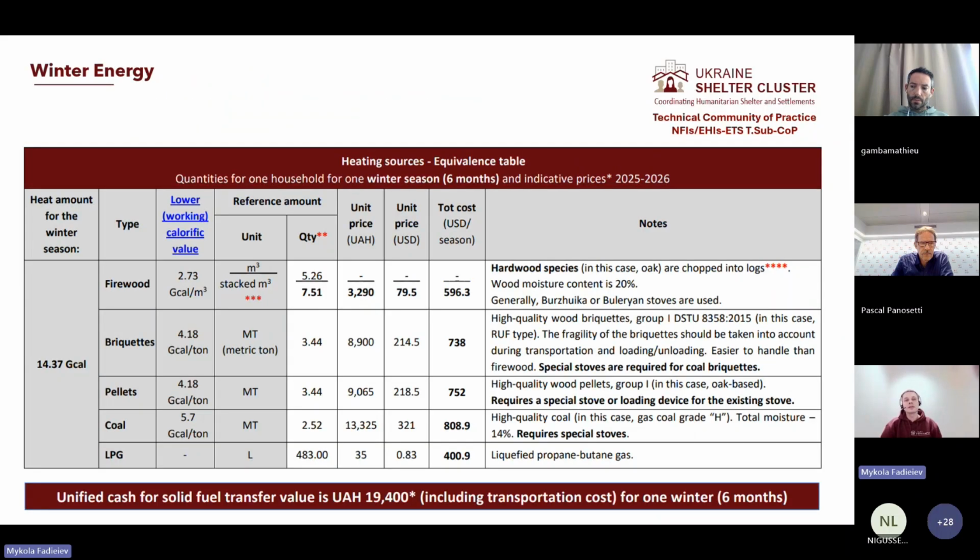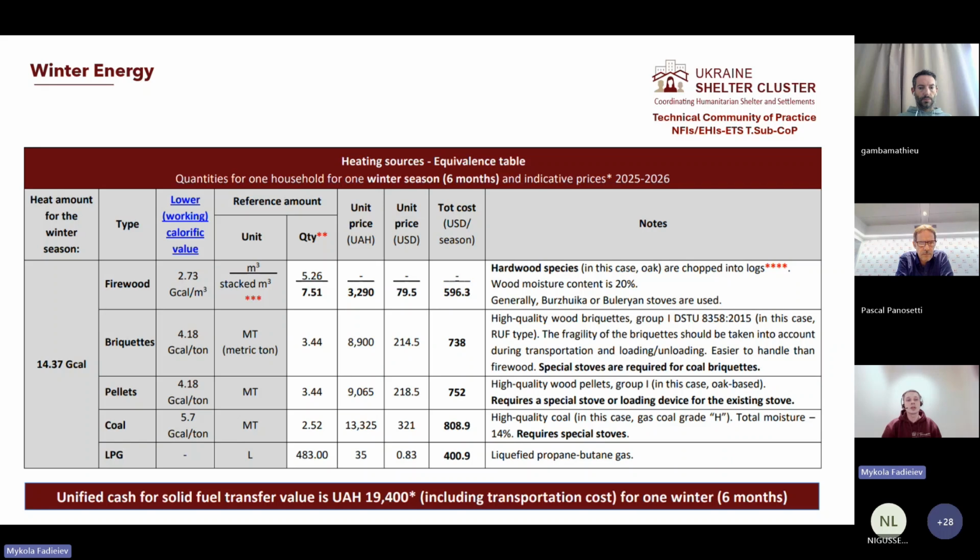The firewood itself, the solid fuel itself. This year we used the new approach for calculating the solid fuel for households. It's based on the minimum heat amount for one household, and on the calorific value of the particular solid fuel.